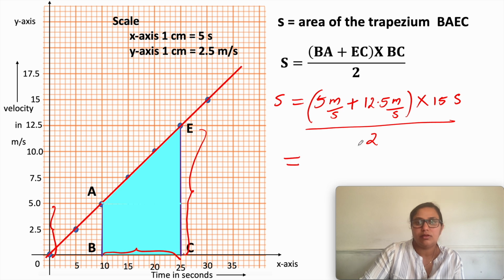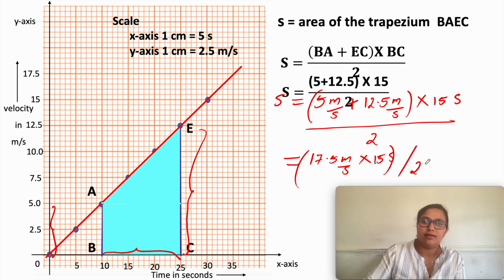So 17.5 meter per second into 15 seconds, this whole thing divided by 2. So what is this? 17.5 into 15 is equal to 262.5 divided by 2 meter, which is nothing but 131.25 meter.